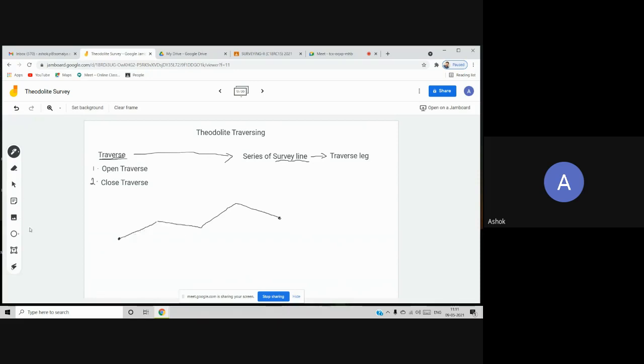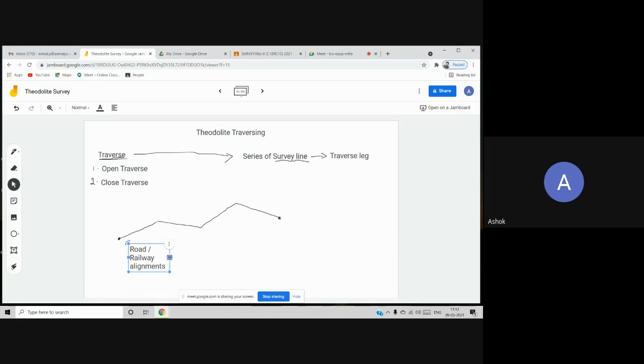Can you give examples of open traverse? The best examples are road or railway alignments.